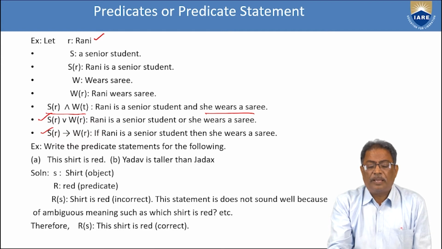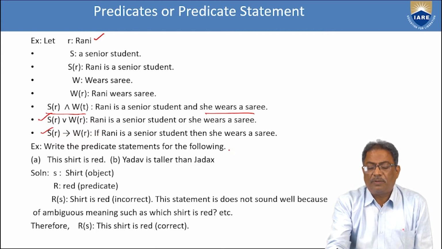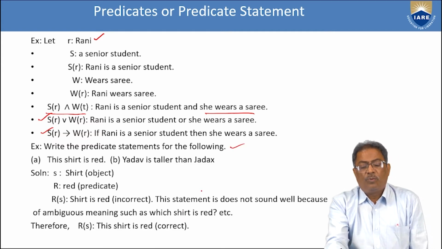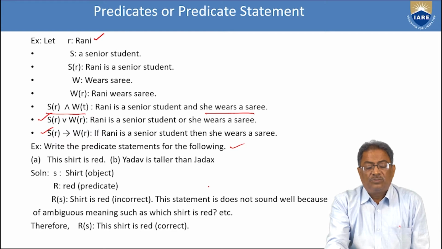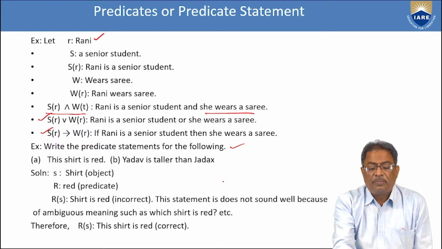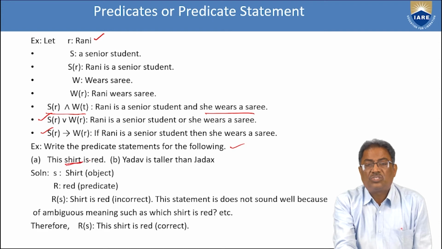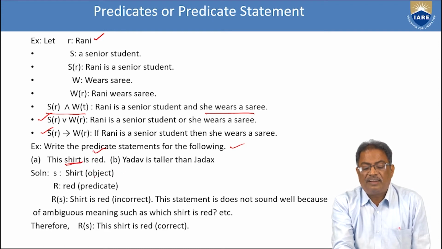Now let us write predicate statements for the following: this shirt is red, and Yadav is taller than Jadav. Obviously, this shirt is red: we take shirt as the object and red as the predicate.